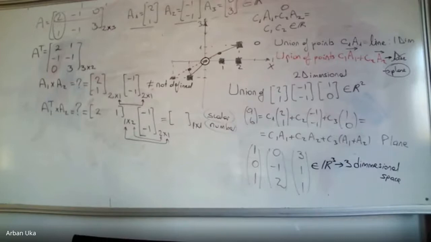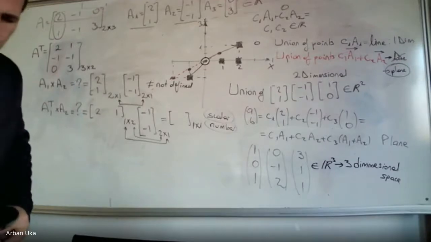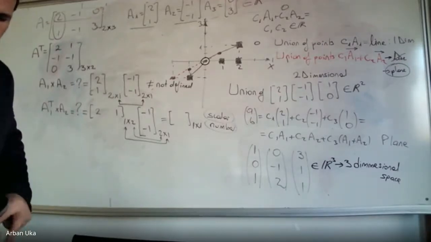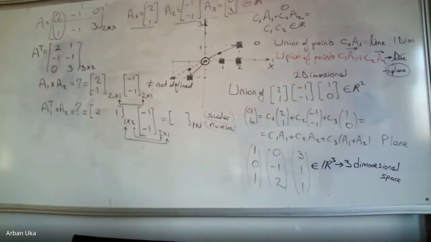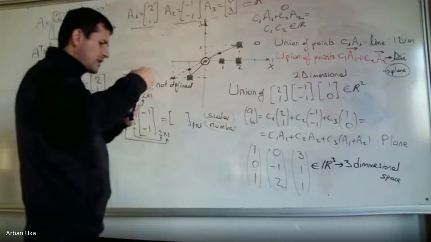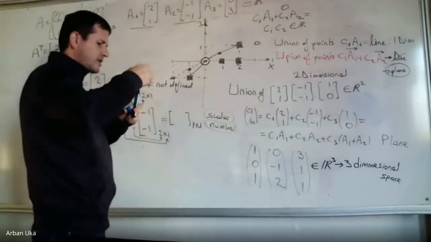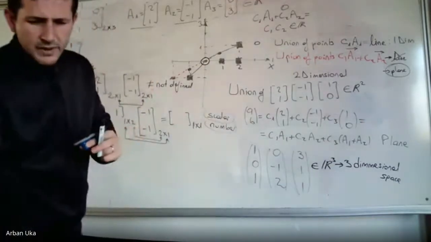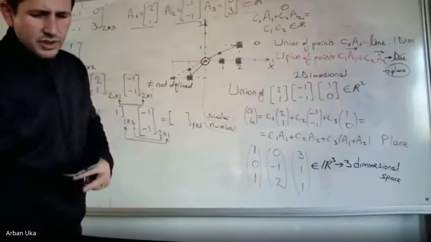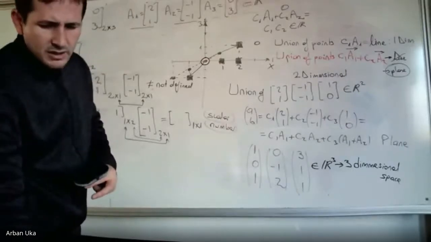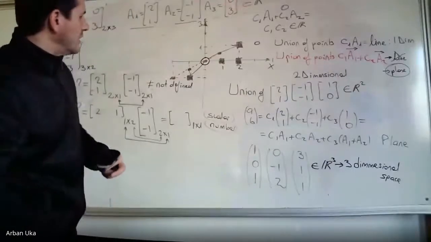So this product between two vectors, we call the inner product, or dot product, or scalar product. You are going to see this a lot in physics. In physics, you calculate work, which is measured in joules, a scalar quantity. It does not have a direction.